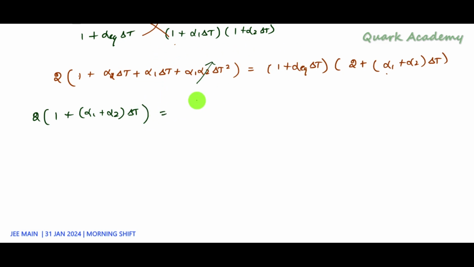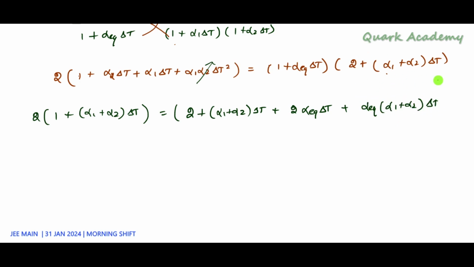And similarly, we'll find here also. So the first term will come as it is, 2 plus alpha 1 alpha 2 delta t plus 2 alpha equivalent delta t plus alpha equivalent alpha 1 alpha 2 delta t square. Again, we can neglect this one also.